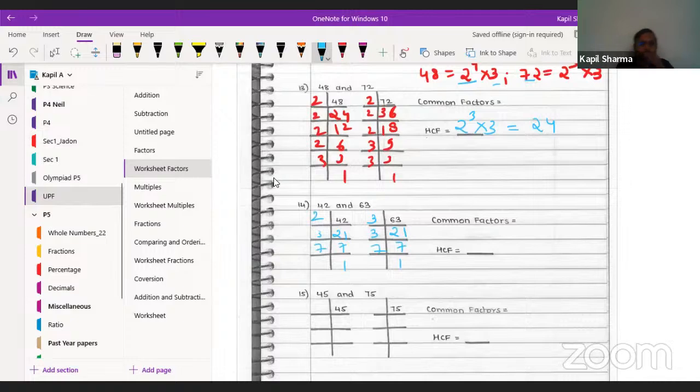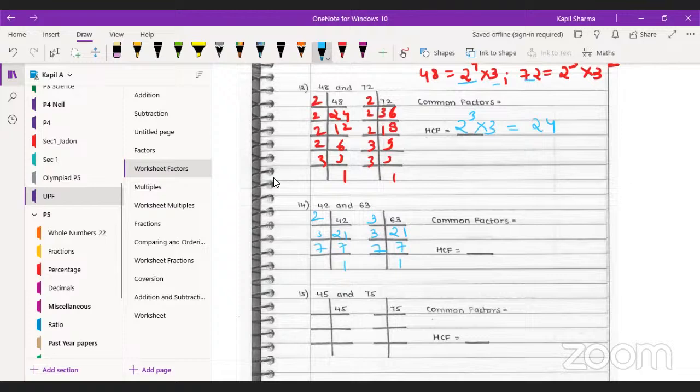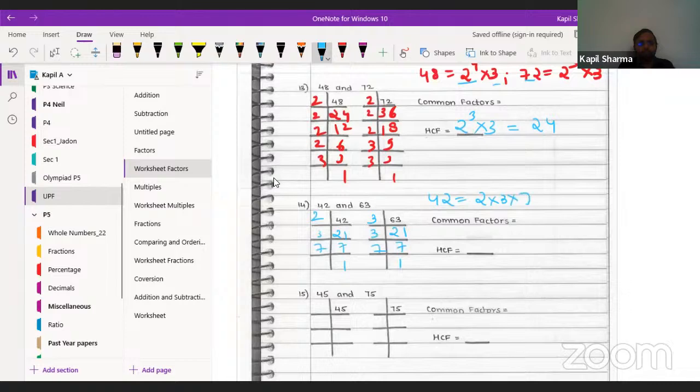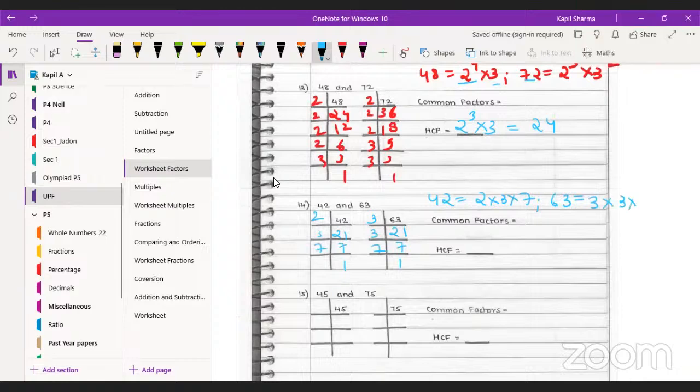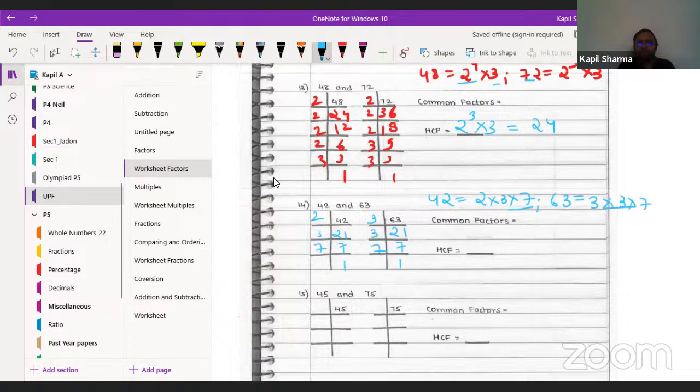Quickly, Devika. 3. Swastik, yeah. Sir, 21 is the HCF. Yes. So we can see 3 and 7 are the common factors. So HCF is 21.